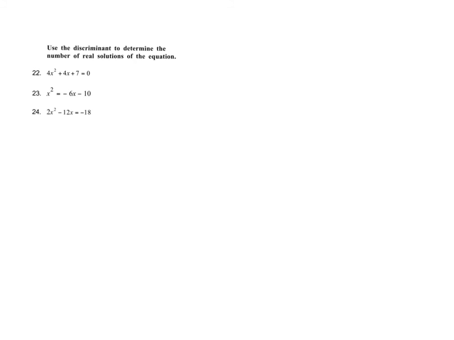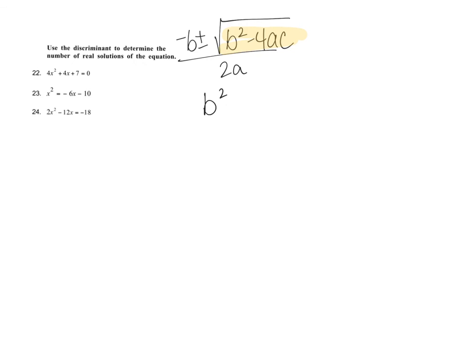And then the last thing we looked at in this chapter was the discriminant. The discriminant is the part of the quadratic formula under the square root. So my discriminant is this part, b squared minus 4ac.